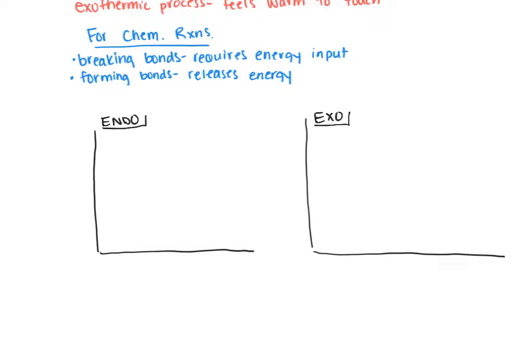And then on our axes, we'll have time on our x-axis, so our 0 point here is going to be the start of the reaction. And then on the right side of the graph, that'll be the end of reaction.